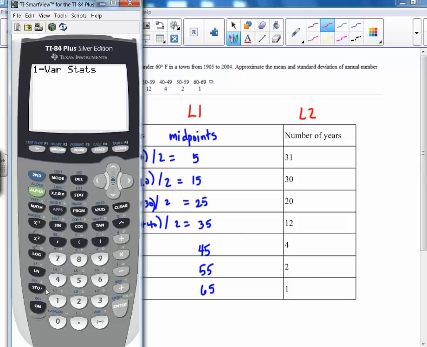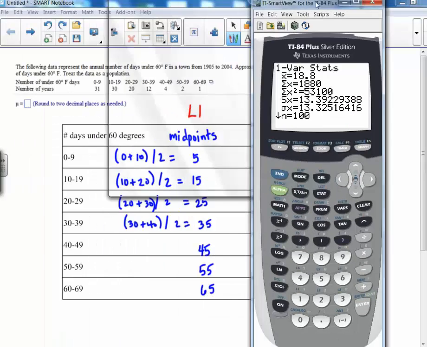So I do second L1, or second number 1 key to get L1 on my screen, a comma, and then second number 2 to get the L2 there. Now if you have a more up-to-date operating system, then it might prompt you for the L1 and L2 at the menu here on your screen, but when you hit enter, it's going to show you the same kind of syntax, the one var stats L1 comma L2. Just hit enter, and here's the results.